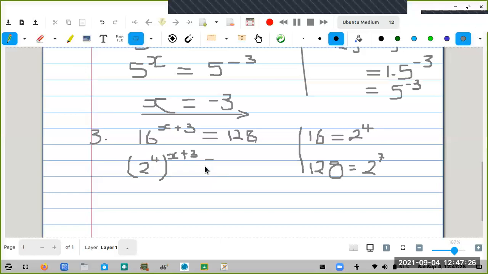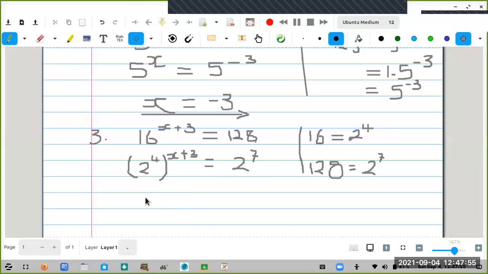Then 128 in terms of powers of 2 is 2 to exponent 7. Right, then I'm going to simplify my left-hand side. We can see there that we have got 2 exponents raising the same base. We have got exponent 4 and exponent x plus 3.